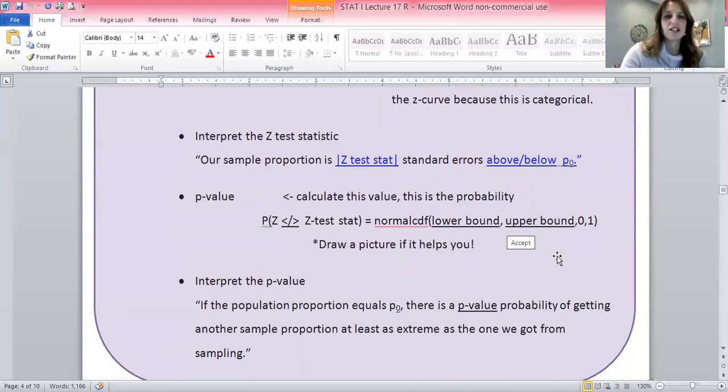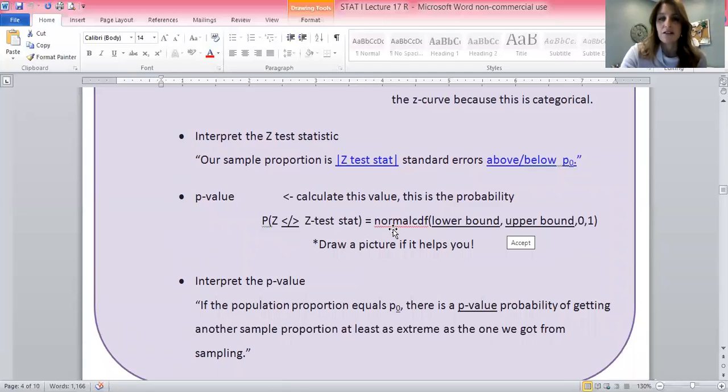Here's my interpretation. Our sample proportion, or our p hat, is whatever that test statistic value is, standard errors above or below the center. Same exact thing. Again, for my p-value, I'm going to calculate the probability, the area in the tail, the area under the curve, and we just call that a p-value. So here is my setup: the probability that another z-value is going to be less than or greater than the original one we got.